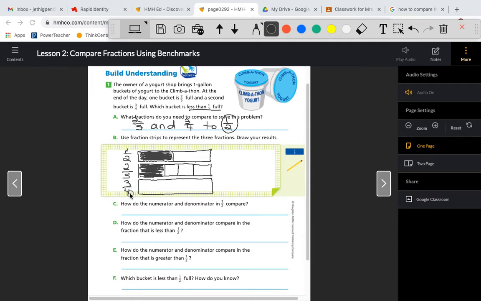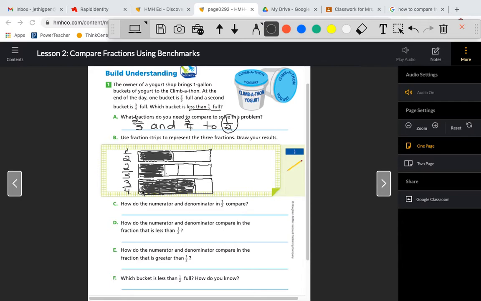So we need 4 equal parts. So 1, 2, 3, 4, and we're going to shade in 3 of those. So now we have our visual model. We're using fraction strips. So we have our benchmark and we have our 2 fractions that we're comparing.